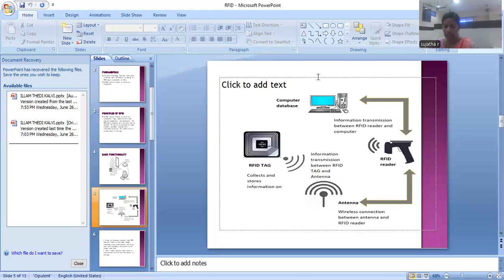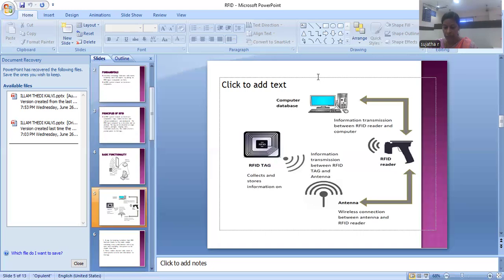RFID systems consist of tags and reading devices that convey information from the tags to the computer. An unpowered tag is powered from a distance by a reader device that broadcasts energy to it. Tags consist of an antenna bonded to a silicon chip, encapsulated inside a glass or plastic module.